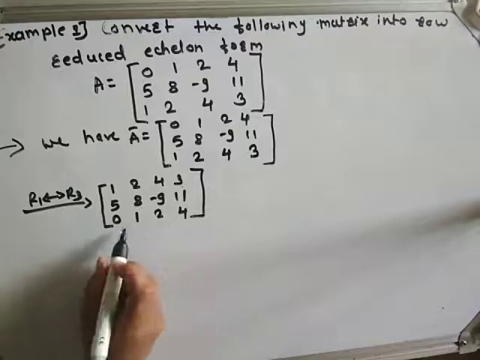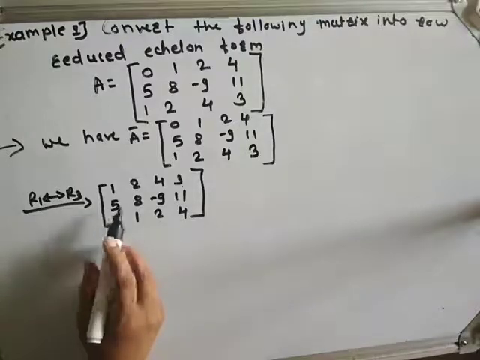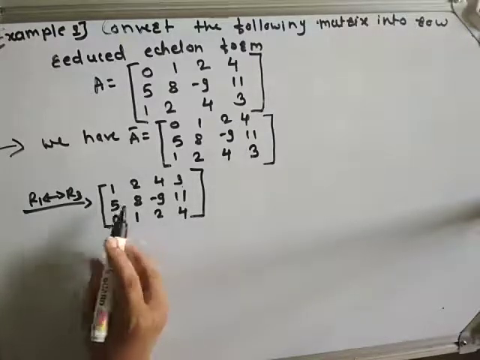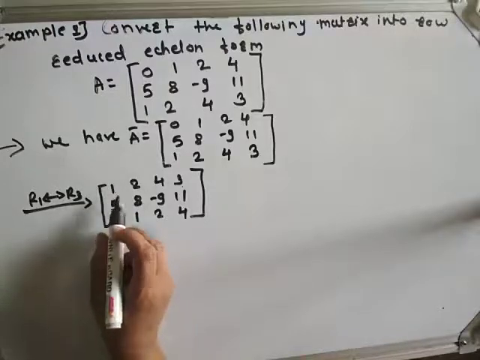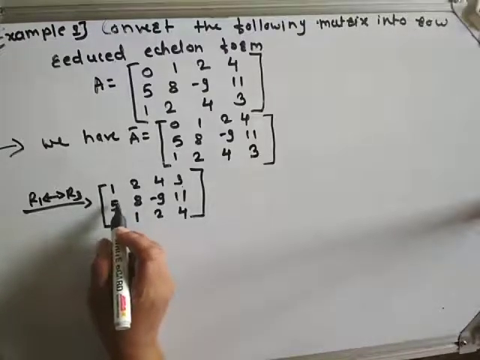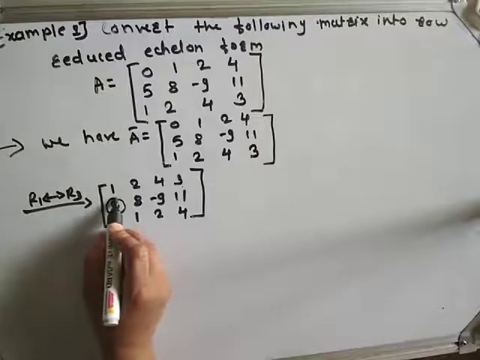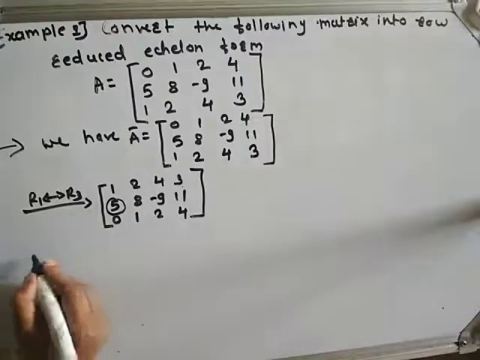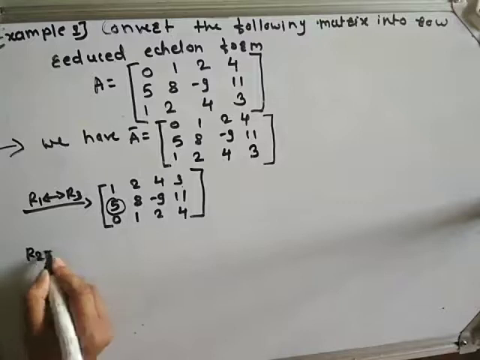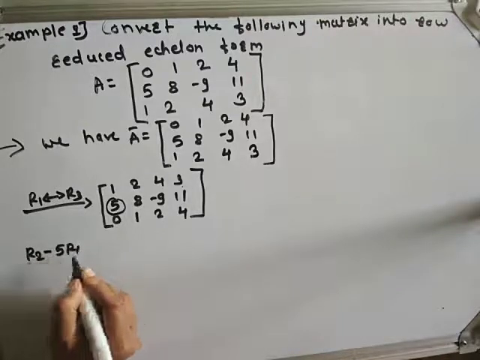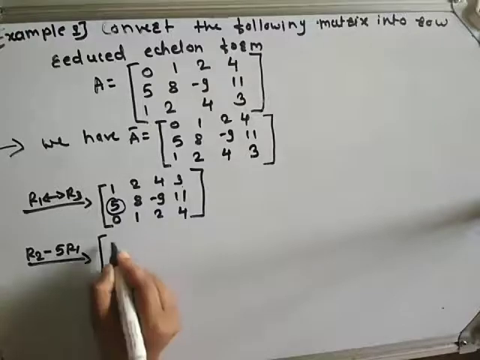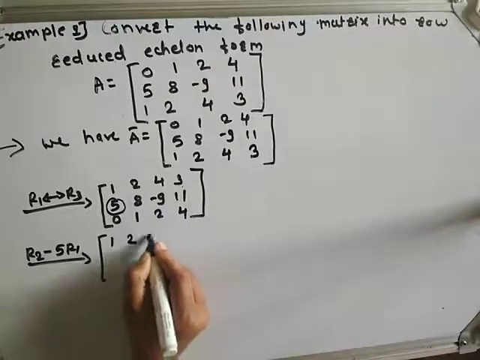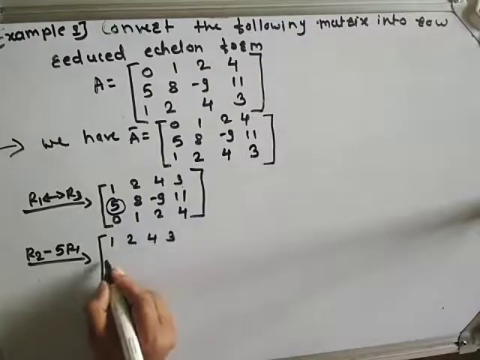See here, in reduced row echelon form, the leading one is the only non-zero entry in its column. So here we require 0. Therefore, we perform the row operation R2 minus 5R1. First row as it is, 1, 2, 4, 3.